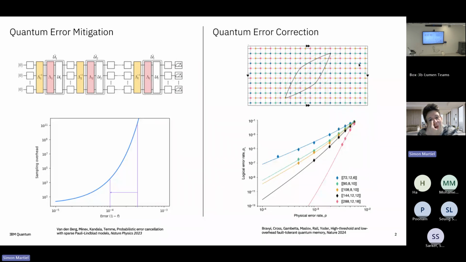On the right-hand side, you have the other end of the spectrum, which is quantum error correction, where you take one logical qubit that's encoded in many physical qubits. For instance, this is a picture of the bivariate bicycle code that we intend to use at IBM Quantum, that stores 12 logical qubits within 144 physical qubits.